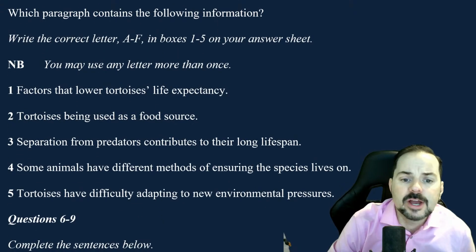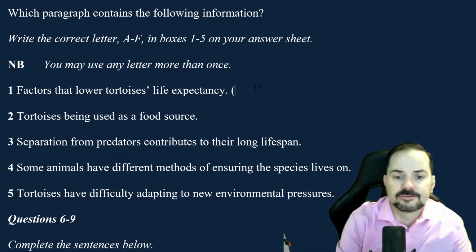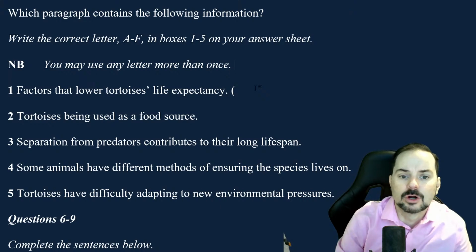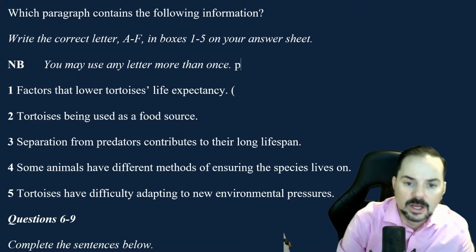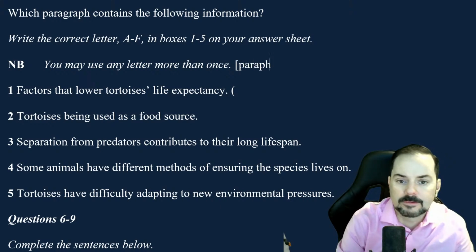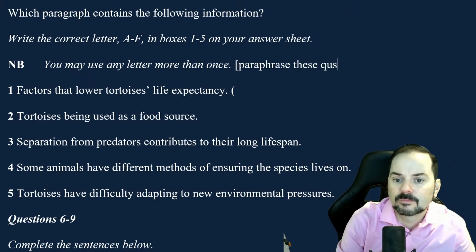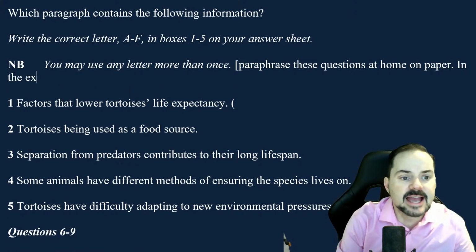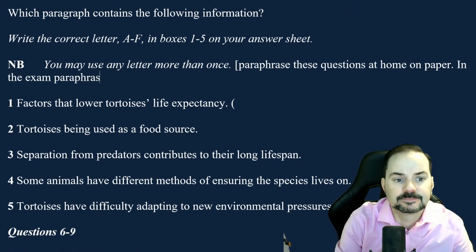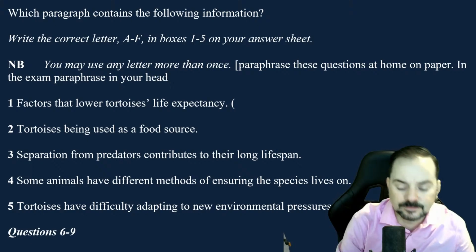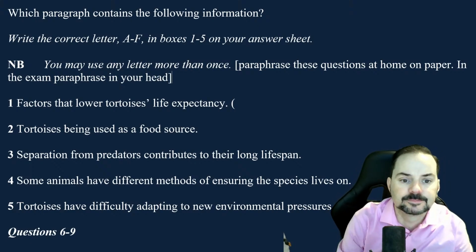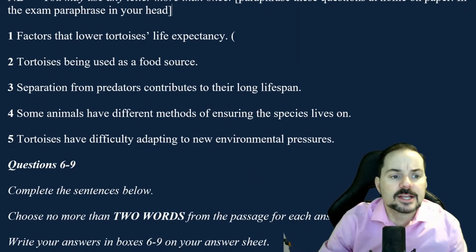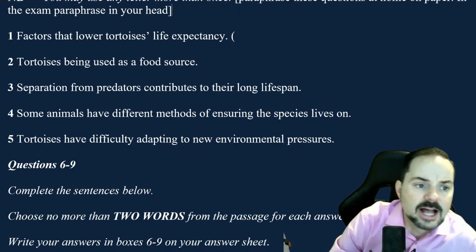We're matching these statements to the paragraph. Okay, when you're at home, what you want to do is you want to paraphrase these. Okay, so paraphrase at home, all right? In the exam, paraphrase in your head. Okay. So let's do that. Here's the challenge, okay?